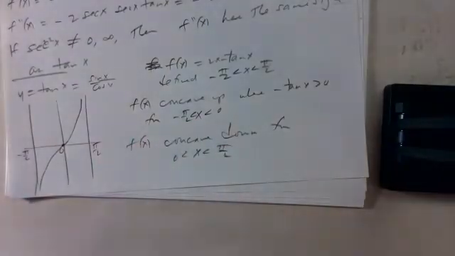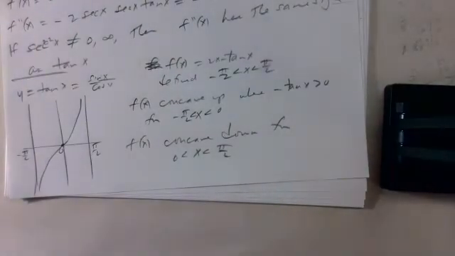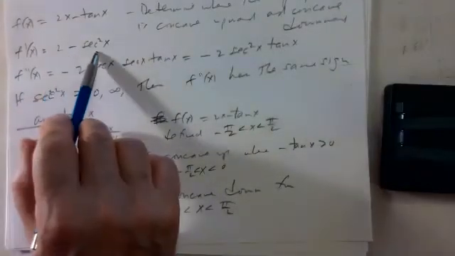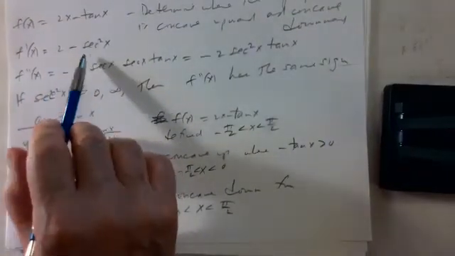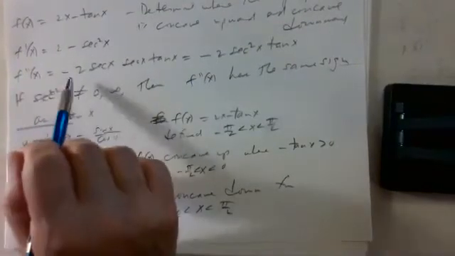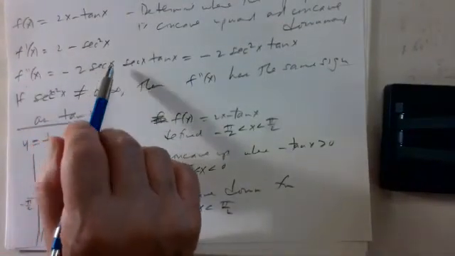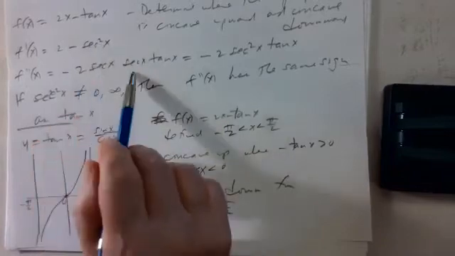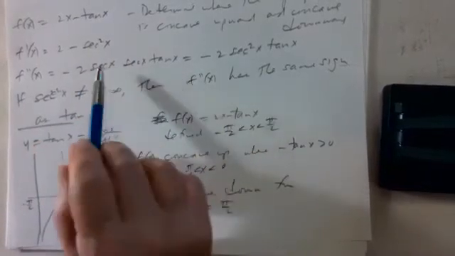And that's what we get. So if the function is 2x minus the tangent of x, you differentiate it once, you get 2 minus secant squared. You differentiate it a second time, you get minus 2 secant x times the derivative of the secant, which is secant times the tangent.